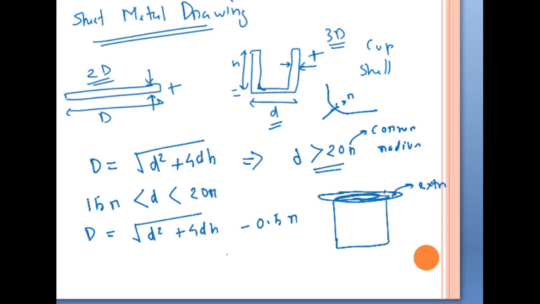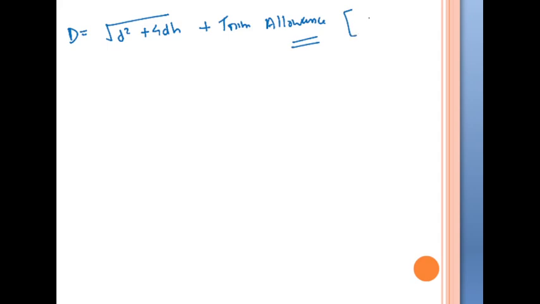So we need to provide some trim allowance if it is mentioned in the question. Otherwise we don't need to provide or include it. If it is given in the question that we need to provide this amount of trim allowance, then we'll have to include it. So D is equal to under root of d square plus 4dH plus trim allowance, if d is greater than 20R.